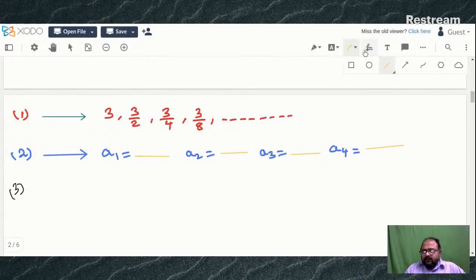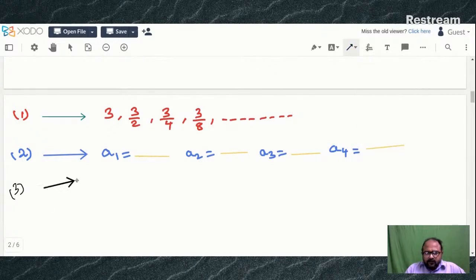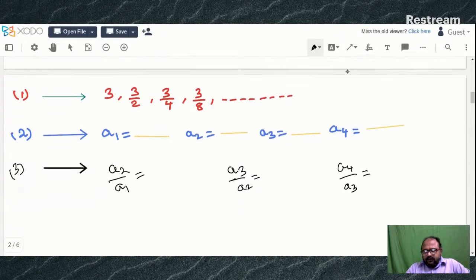In step 3, you find the ratios A2 by A1, A3 by A2, A4 by A3. You will get the value of R, that is, the common ratio.